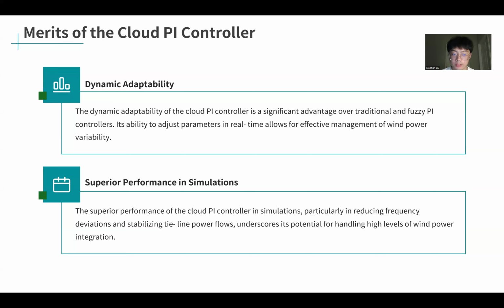Another result you can see from the simulation part is its superior performance in simulations. The performance of the cloud PI controller in simulations, particularly in reducing frequency deviations and stabilizing tie-line power flows, underscores its potential for handling a high level of wind power integration.